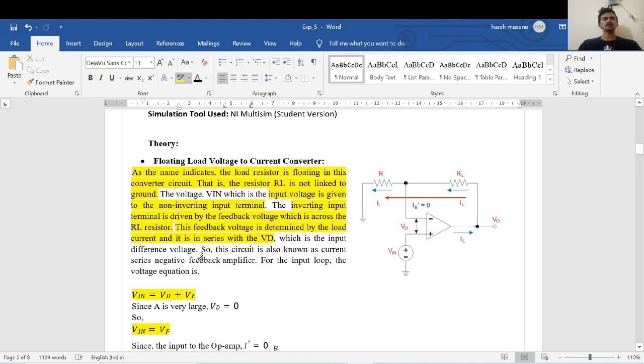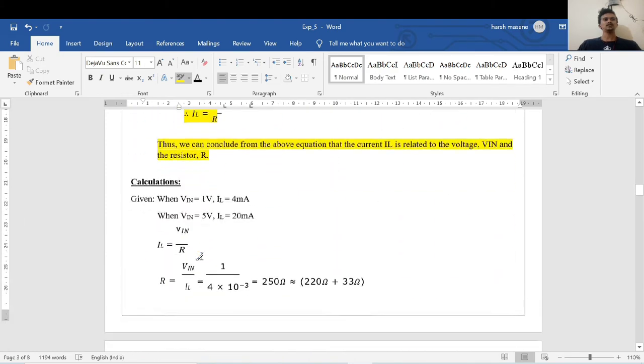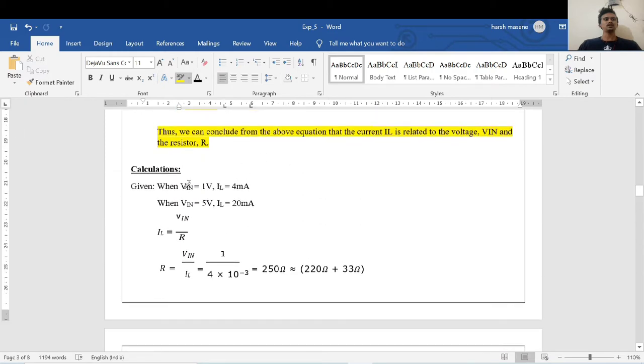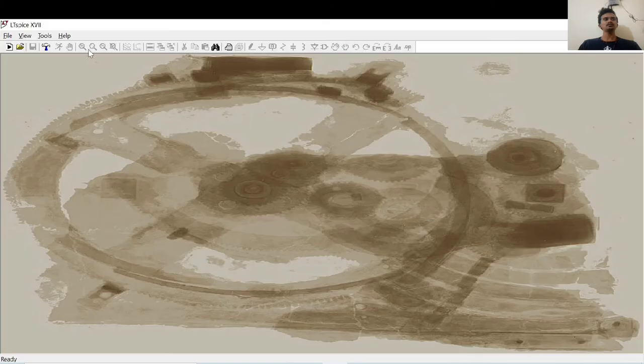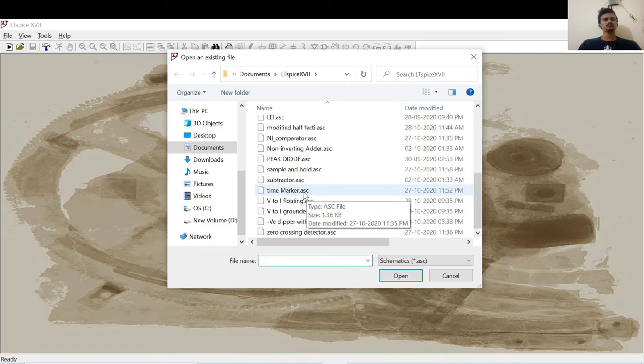So let's design this circuit. Before that, we'll see the calculation for it. Here if my Vin is 1 volt and I want a load current of 4 milliamps, I will take R as 250 ohms. So let's see the circuit on LTspice.